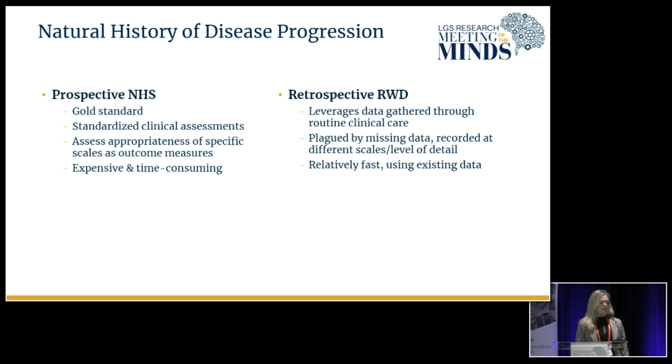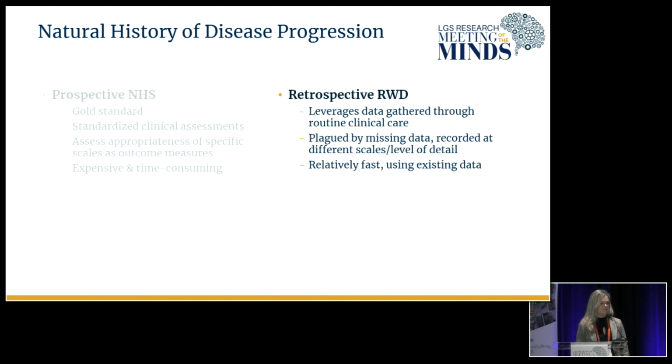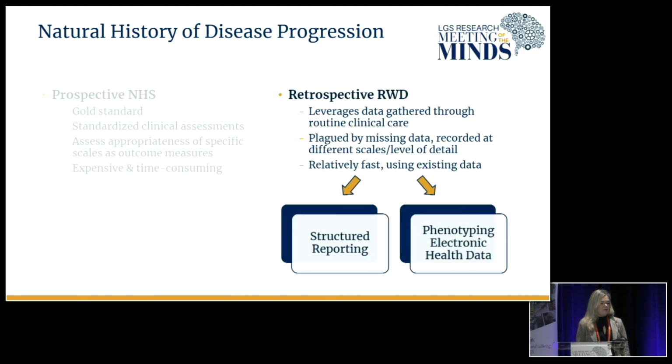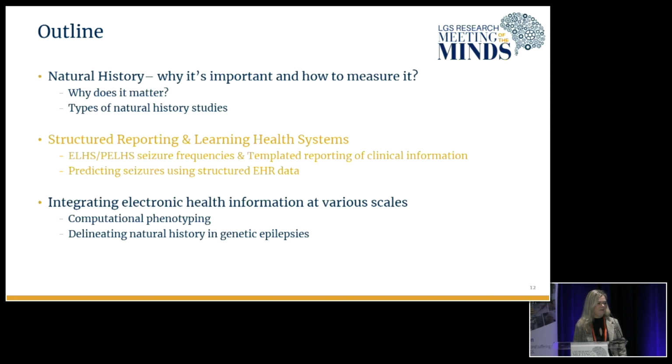This can sometimes be plagued by missing data recorded at different scales or levels of detail, but it's relatively fast because we're using data we already have. Focusing on this for the rest of the talk, I'm going to break it into two main components: using structured reporting, and then more free text, unstructured reporting, and how we wrangle that with different computational methods.